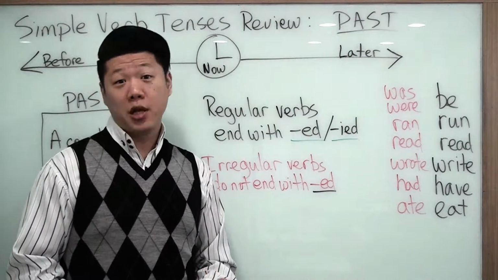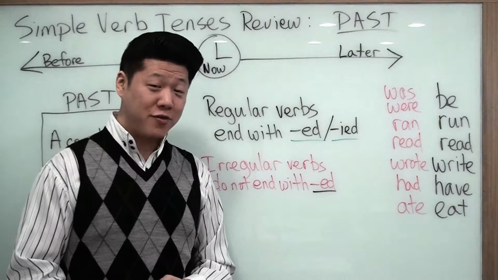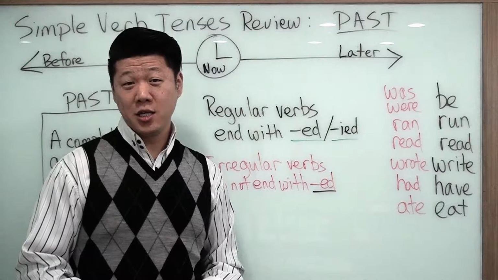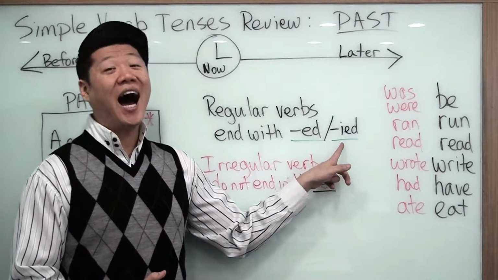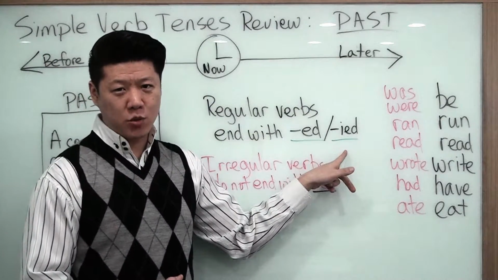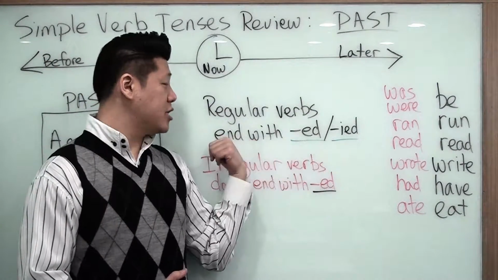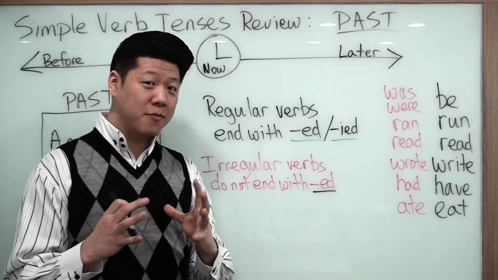For example, play becomes played, watch becomes watched, review becomes reviewed, try, T-R-Y, becomes tried, T-R-I-E-D. For verbs that end with Y, change the Y to an I to ed. Now, that's a regular verb. Again, most verbs in English are regular.